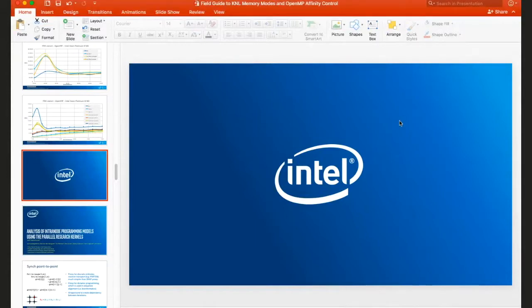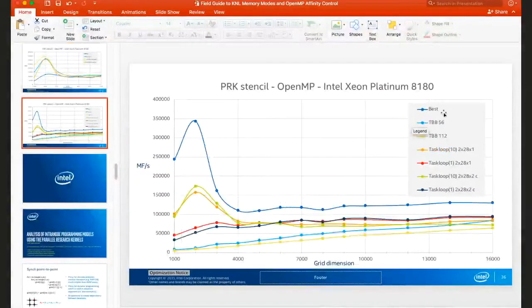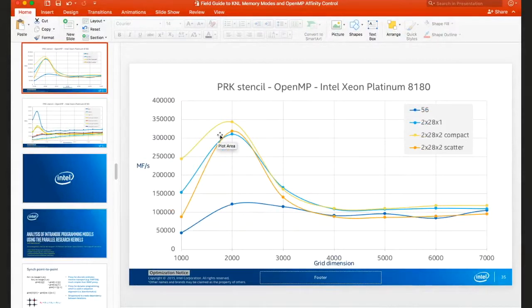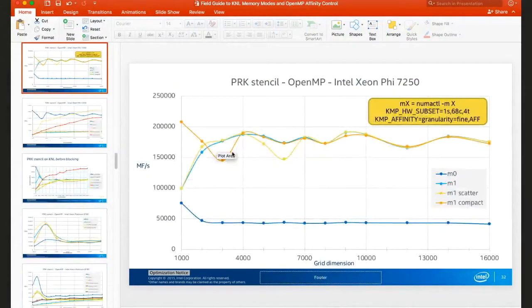Let's see. What are the best settings for Affinity, when you're saying best in one of the charts? Yeah, usually it's turning on Affinity with compact. In this case, it's pretty much the best across the board.